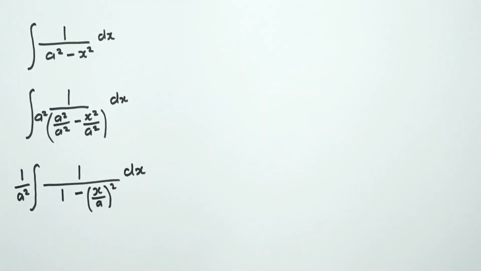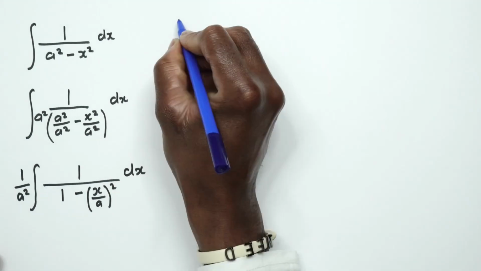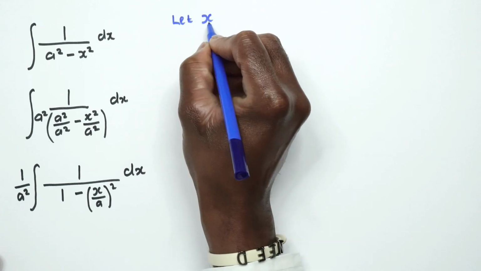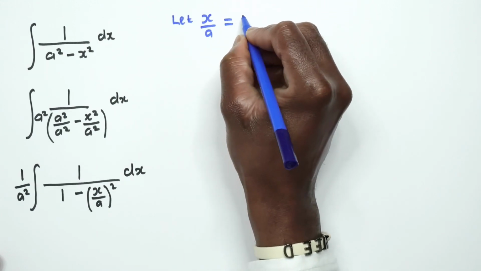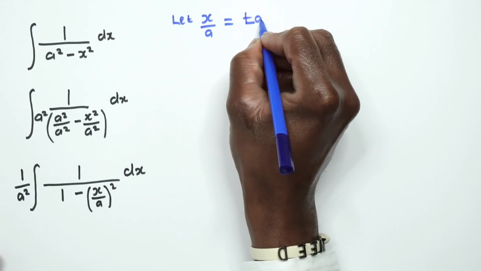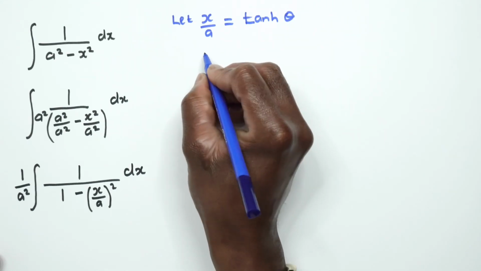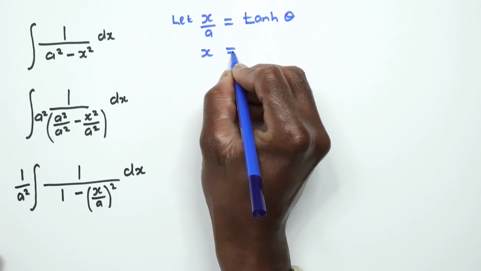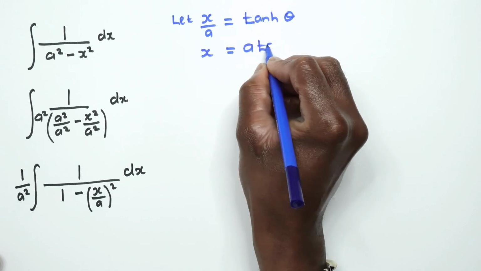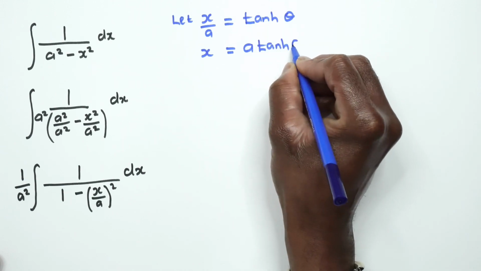And the next thing I need to do is to substitute by saying let x over a equal to hyperbolic tan theta, and therefore x will be equal to a hyperbolic tan theta.